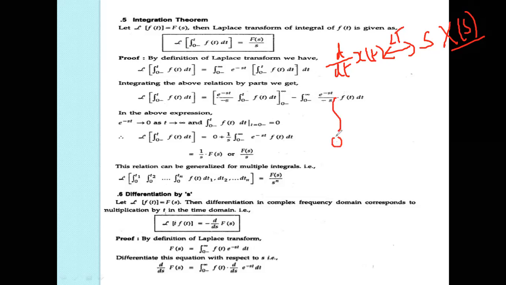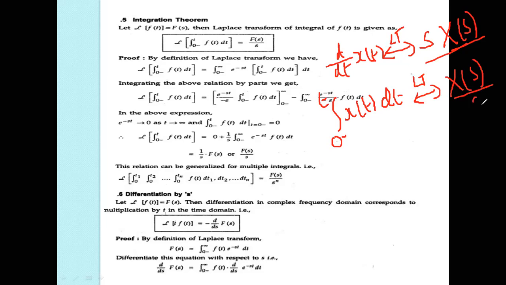Now for the integral from 0 minus to t, here the t, my dear students, is not the infinite value. The Laplace transformation of the derivative of x of t is s into X of s. The Laplace transformation for the integration of the time domain function, in frequency domain, is 1 by s into X of s.